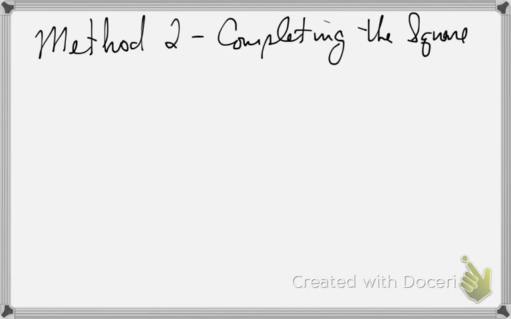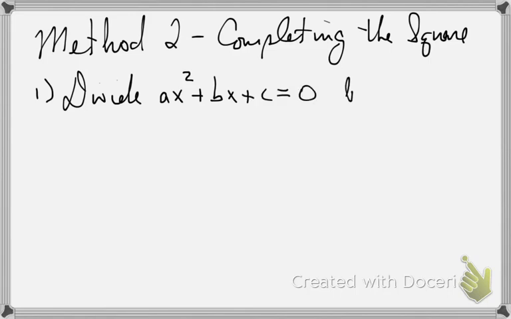Method 2, completing the square. First thing we do is get rid of that a. Ax squared plus bx plus c equals 0. We'll divide everything by a.